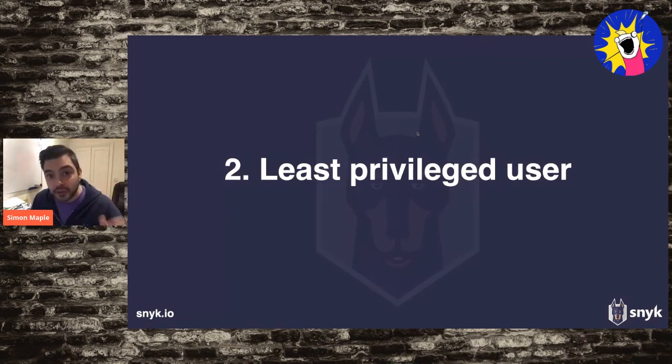So the default in a Dockerfile, if you don't specify a user, is to provide all the privileges that are accessible to a root user. And what you want to be doing is selecting the least privileged user. The security idea behind this is provide people with nothing and build up as required.